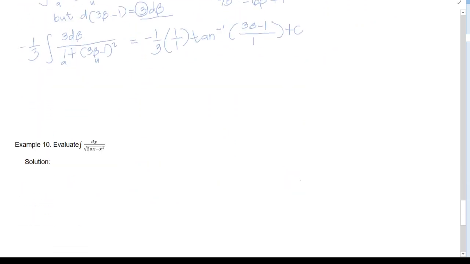If we simplify this further, it will give us negative 1/3 the arctangent of 3β minus 1 plus c. So that is our final answer.